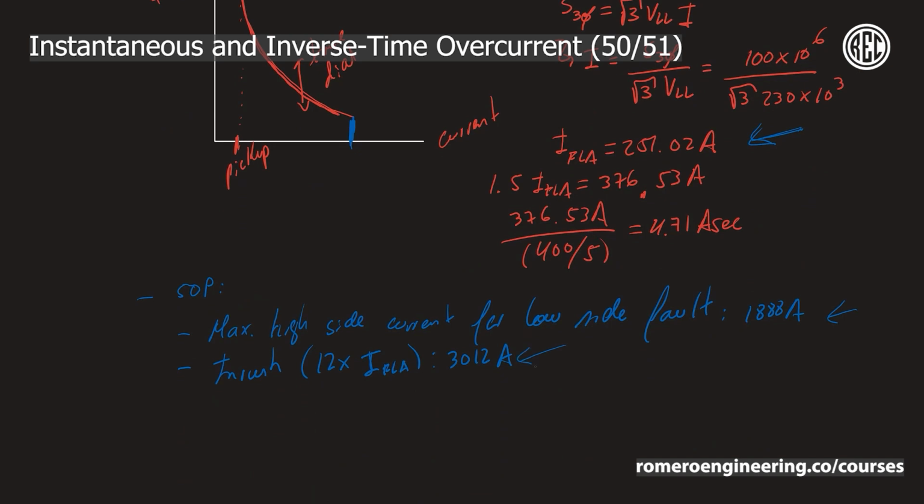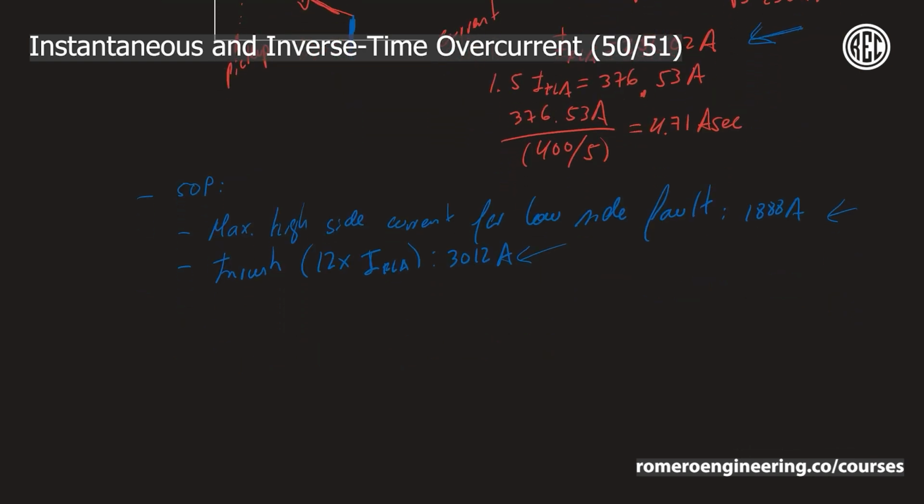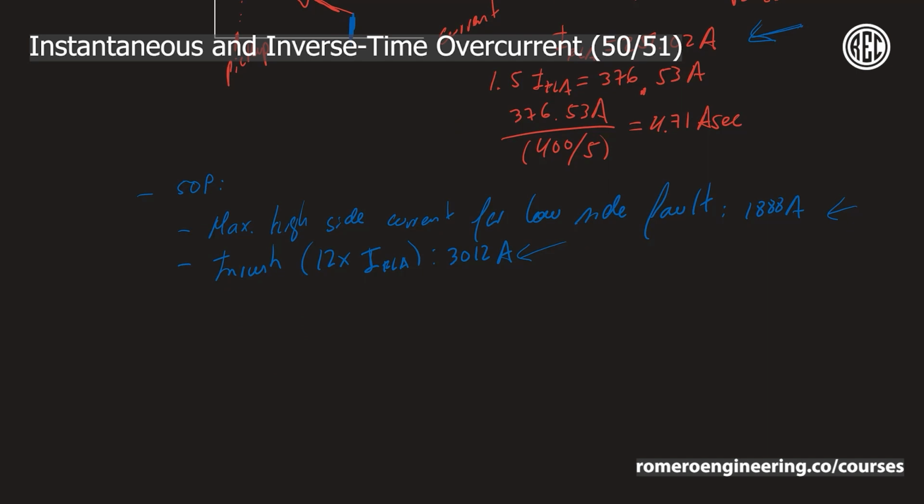The worst case might be the high side current for a low side fault, or it might be the inrush. In this case, it turned out that the worst case of the two was the inrush, but you do need to consider both, because the inrush current might be lower than the current seen on the high side for a low side three-phase fault. In this case, it just happened that the inrush was higher.